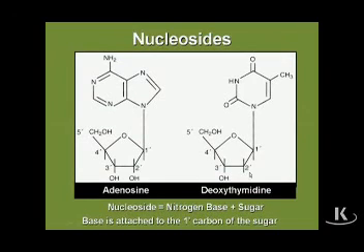So when you attach a deoxyribose sugar to one of the nitrogen bases, we call it, in this case, deoxythymidine. Because you attach the deoxyribose to thymine, we now call it deoxythymidine. Notice that it's always the 1' carbon of the sugar, whether it's deoxyribose or ribose sugar, that's going to attach to the nitrogen base.